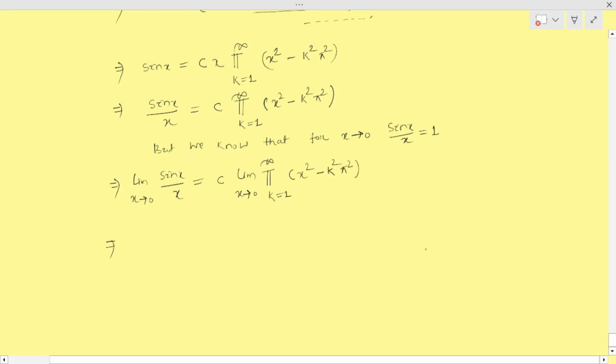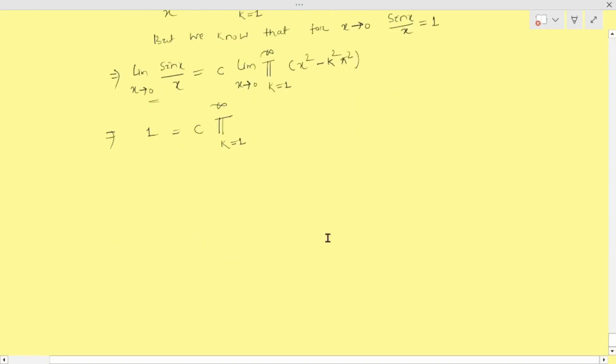That implies this value 1 is equal to c, and if I put limit x tends to 0, here x equal to 0, then this value will be 0. So we get the product from k equal to 1 to infinity of (minus k square pi square).